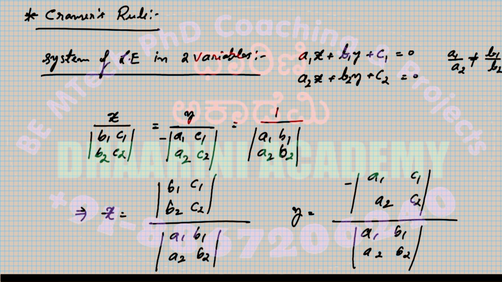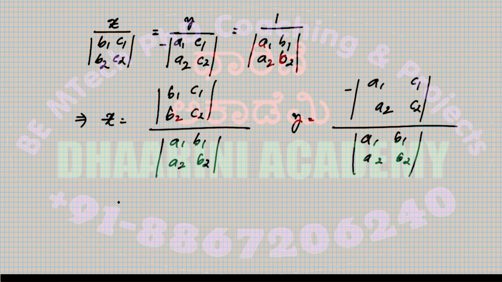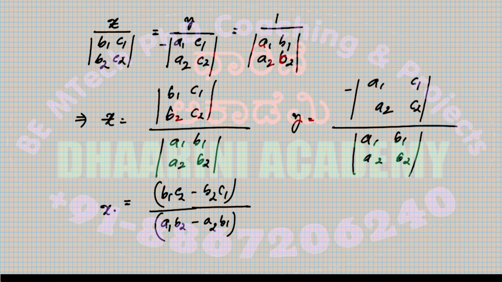Now let's simplify this, because keeping it in determinant form may not be so good. Expanding the determinant, x is b1 c2 minus b2 c1 divided by a1 b2 minus a2 b1. That is the equation for x.